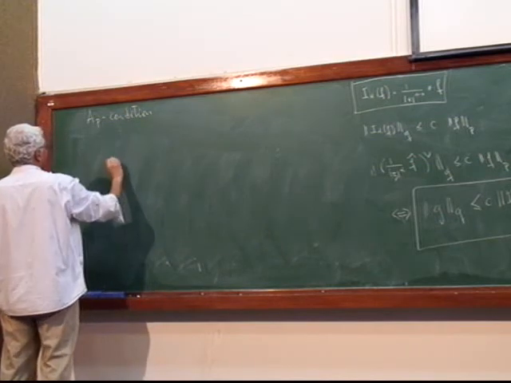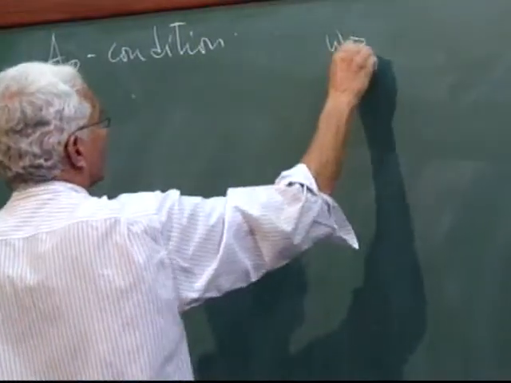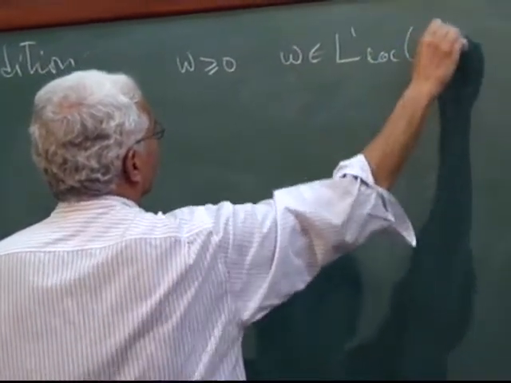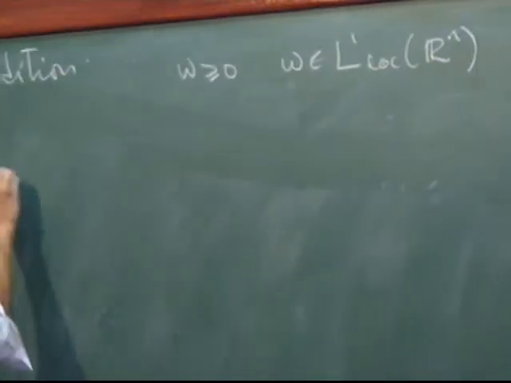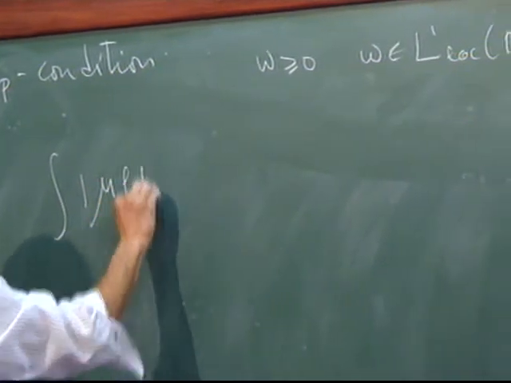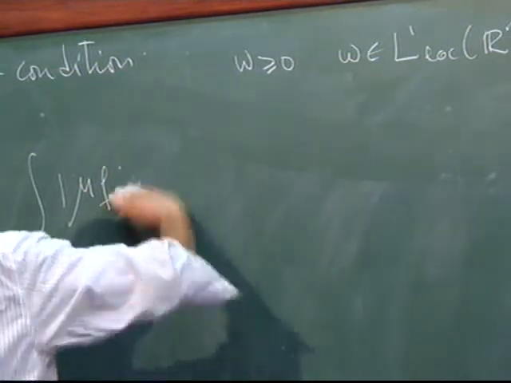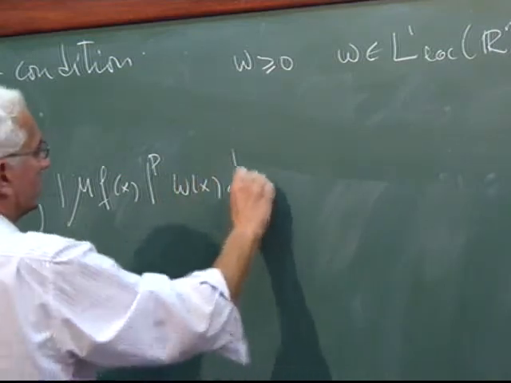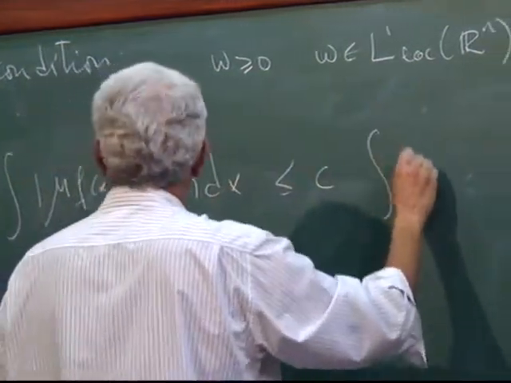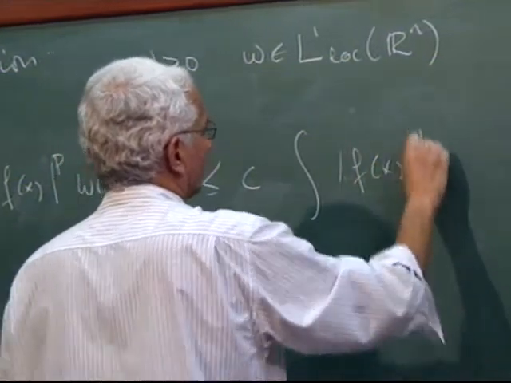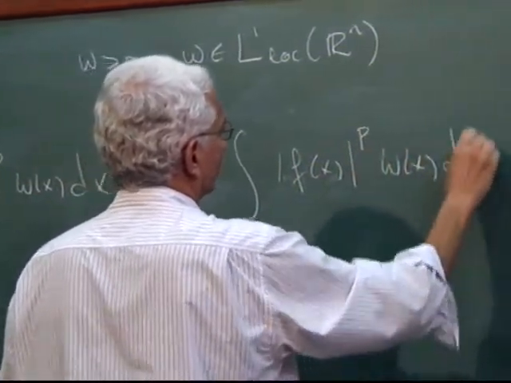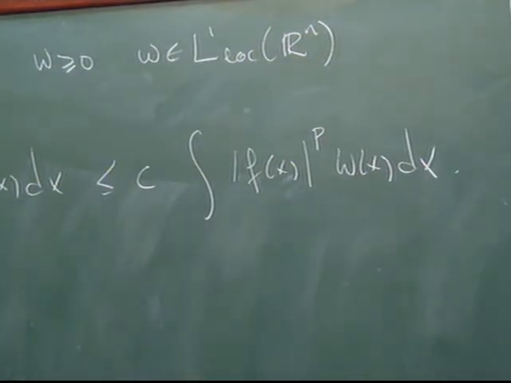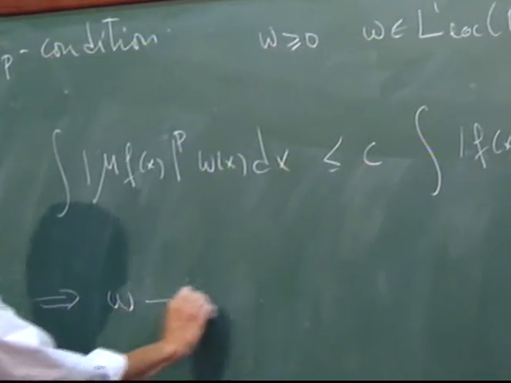Suppose that W is positive and locally integrable in Rn, and you want the integral of the maximal function of f to the power p times W of x dx less than or equal to some constant times the norm of f in LP with this measure. That implies that W satisfies a condition.